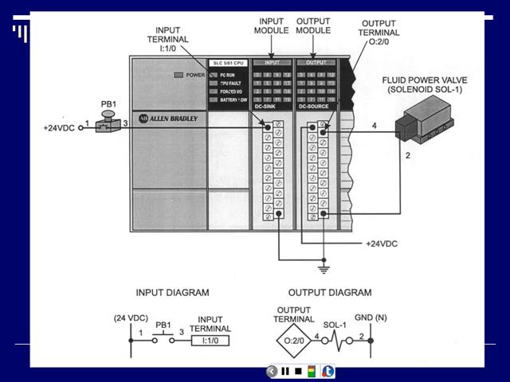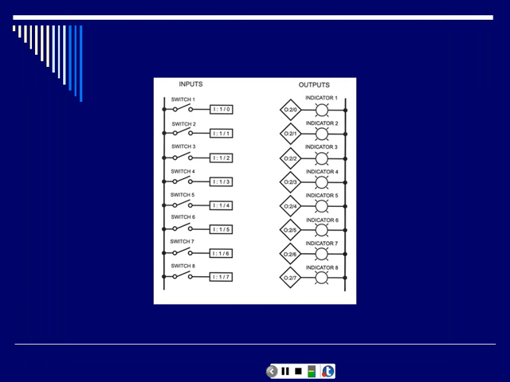No module number. Module 0, which is the processor. Module 1, module 2. Got to have the 1 or the 2, because what you're doing is telling the PLC where it's located. Okay? Because you might have 2 or 3 input modules.